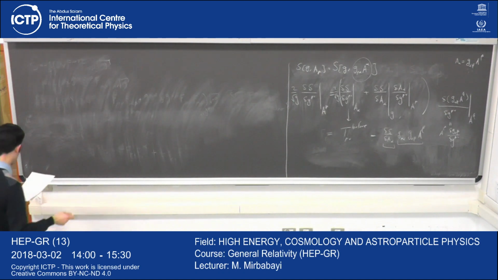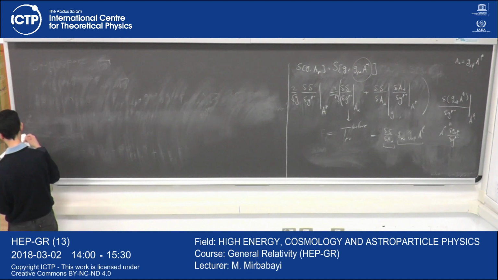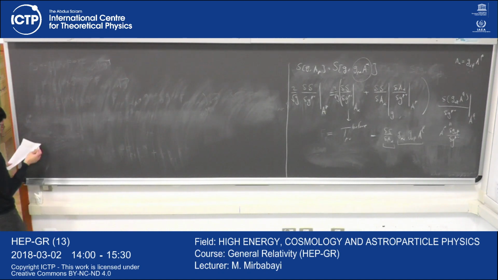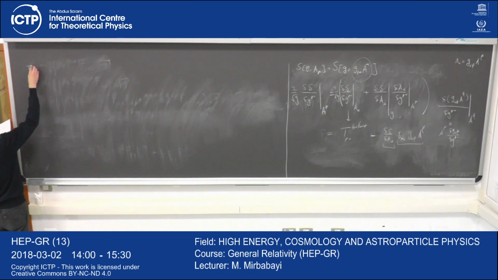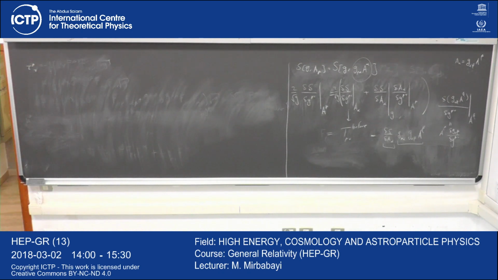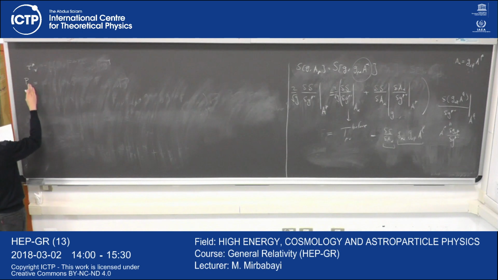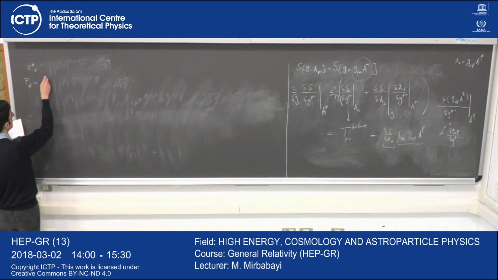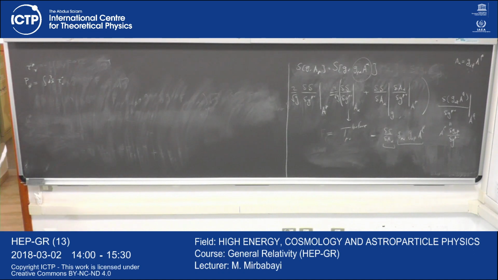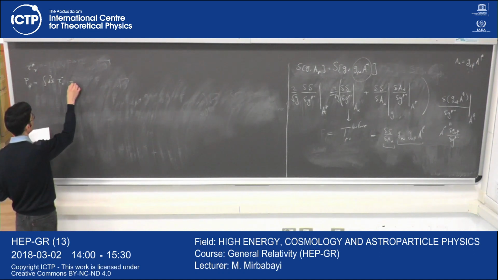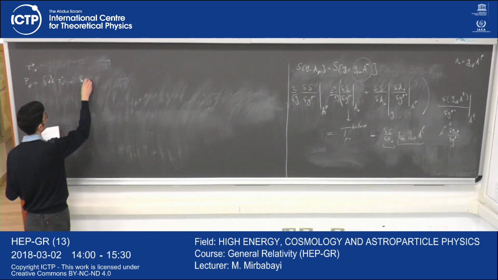Okay, so how do we calculate this? We know the metric, and we define this pseudo tensor of a stress energy tensor, and we said that we can define the concept for momentum, in particular P0, as the integral d3x of the zeroth component of this. Then this reduces to a boundary term.